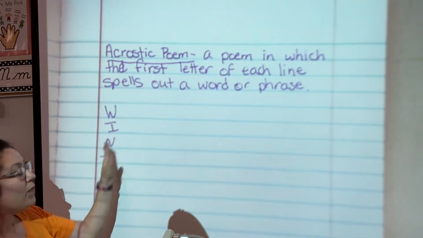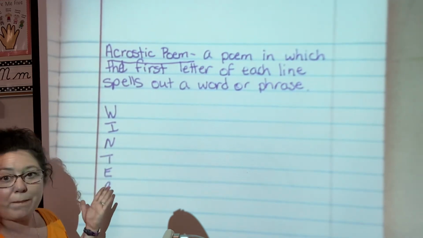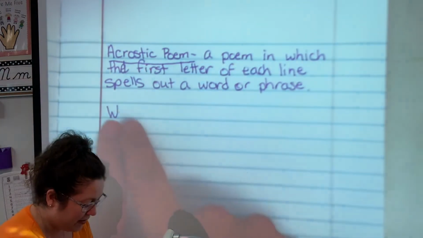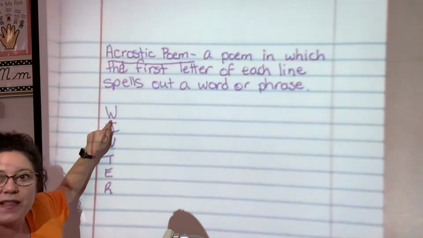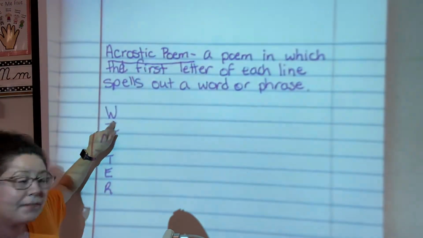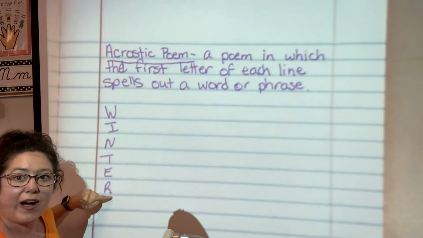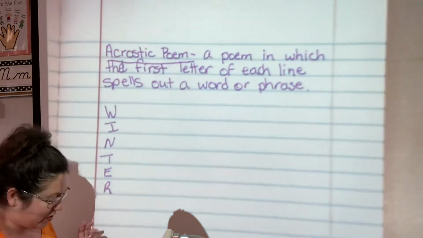Now, everything you write in the poem is going to match your topic. So everything is going to be about winter. And like the definition said, the first letter spells out the word. So I need to think of something to describe winter that starts with the letter W, with the letter I, with the letter N, T, E, R. Okay? So let me do a couple and it'll probably make more sense just as you watch.